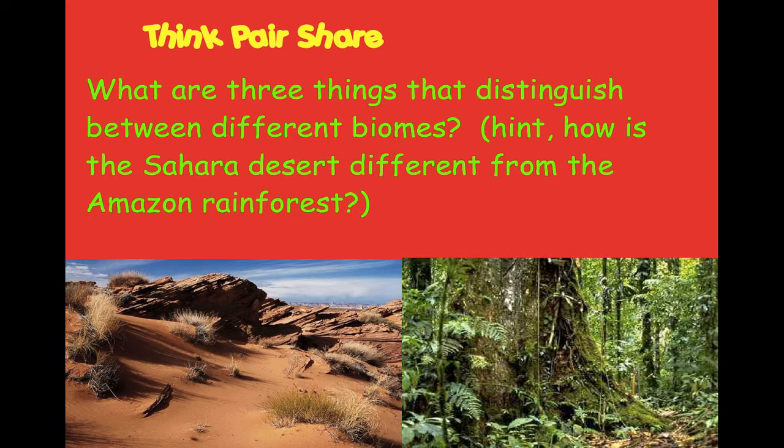So when we talk about biomes, there are many different things that can make one different from another. So for example, if you're going to look at a desert versus a rainforest, there are some pretty obvious differences. We've talked about these already. You have temperature, you have precipitation, you have plants, and you have animals.